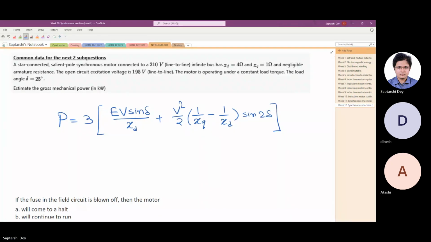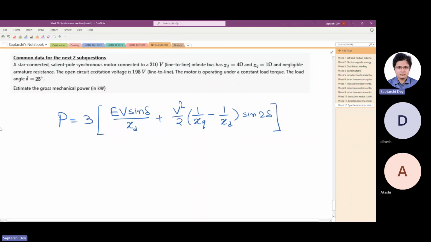Now, one interesting thing to note here is the frequency of the power with respect to delta. The first component is the reaction torque, or reaction power, and the other one is reluctance.